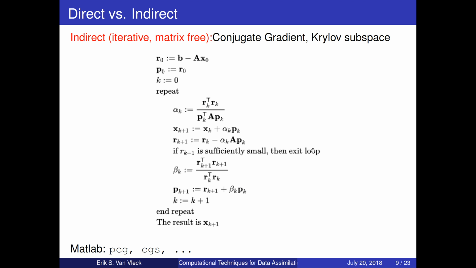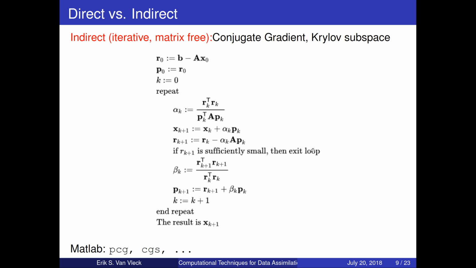So the standard technique for solving with an indirect method is the so-called conjugate gradient technique. And if you look at the algorithm here as it's written, what's striking is that we only need to calculate A times vectors. So in the definition of the initial residual, there's A times our initial guess x naught.